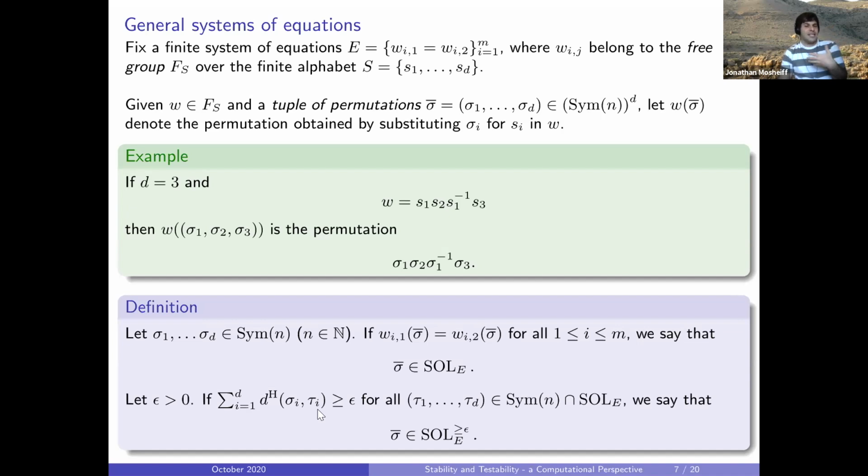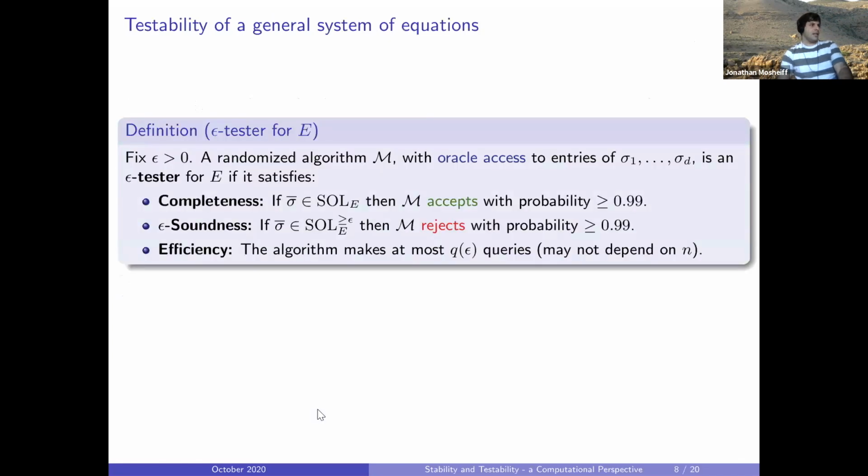Given some system of equations E, is there an algorithm that takes as input some tuple of permutations and manages to distinguish in a constant number of queries between these permutations being a solution and the permutations being epsilon far from a solution? So this gives us, again, the definition of a tester.